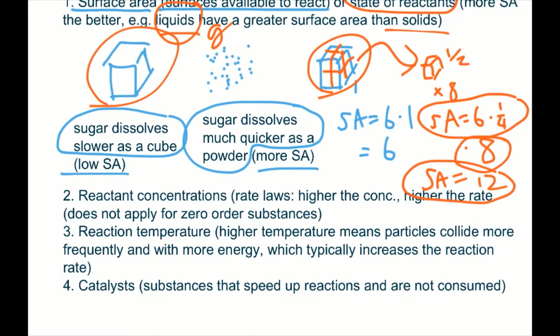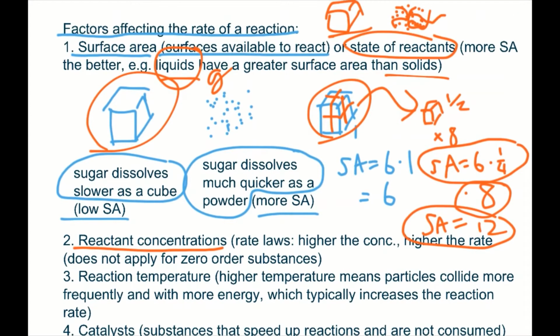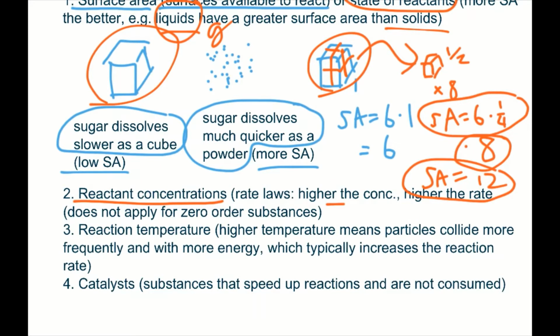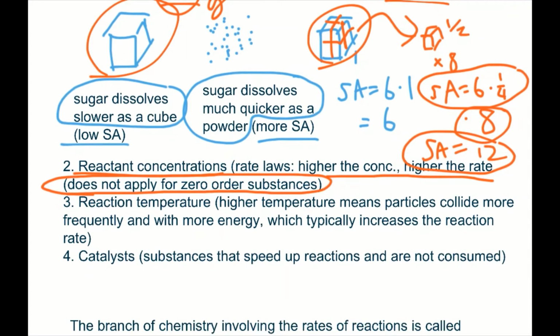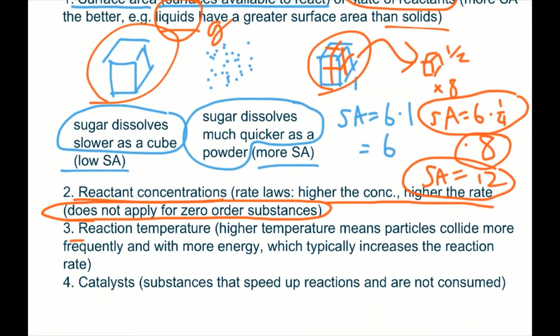So what's another factor that changes the rate of a reaction? Well, we learned in previous videos that the reactant concentrations can affect the rate of a reaction, because the higher the concentration, the higher the rate. And this does not apply to zero order substances, since for zero order substances, the rate is unrelated to concentration. Now the third factor affecting rate is going to be temperature.